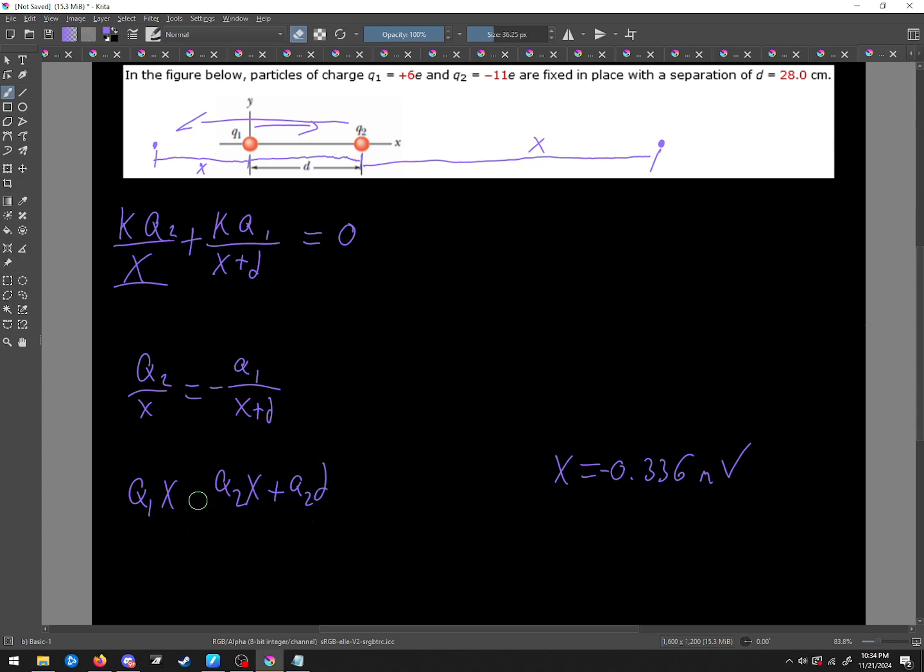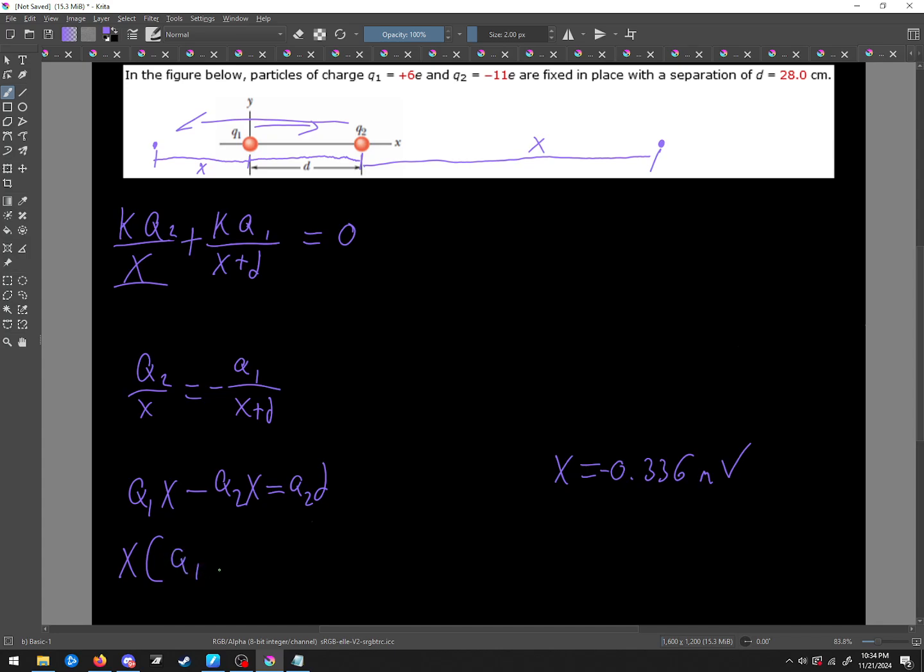Subtracting these two, we're getting this minus this equals this. And now when we plug in Q1 and Q2... honestly, can we take x out of this?